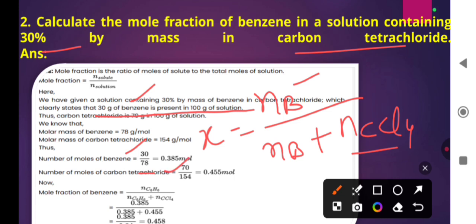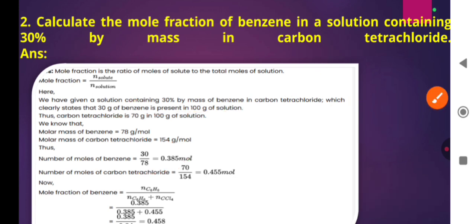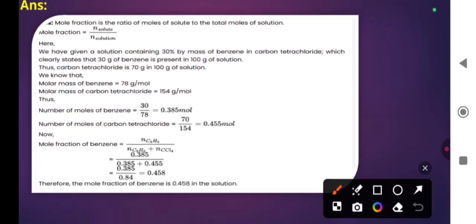Upside the given mass of carbon tetrachloride, and down the molar mass of carbon tetrachloride, then you will get the value of moles. Now put these two values, moles of benzene and moles of carbon tetrachloride, up and down, then you will get the answer. So this is the solution. The final answer you will get is 0.458.